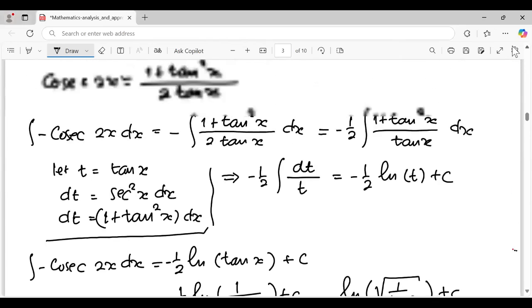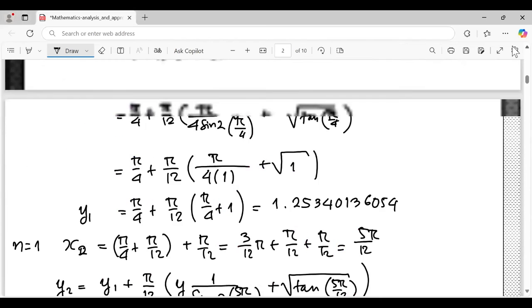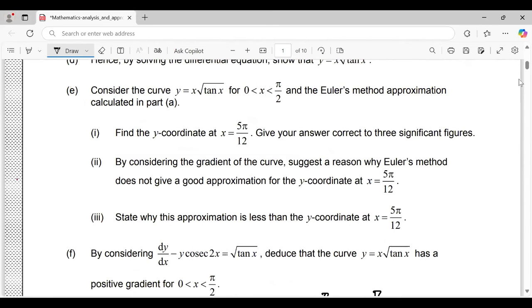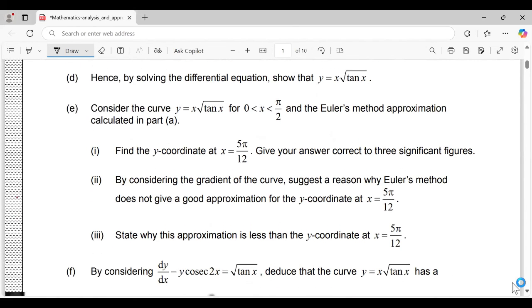Next, question part D. Hence, by solving the differential equation, show that y equals x square root tangent x.